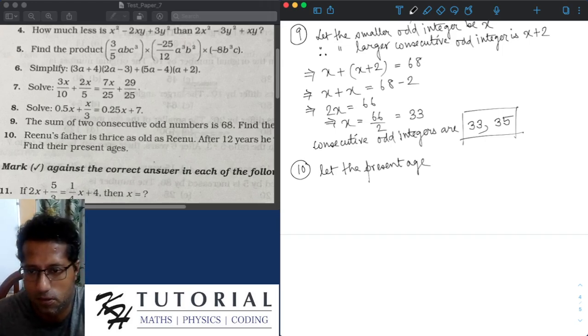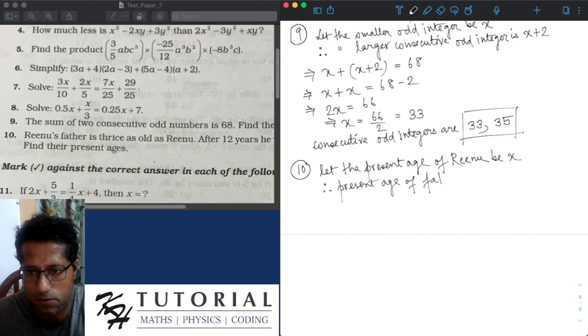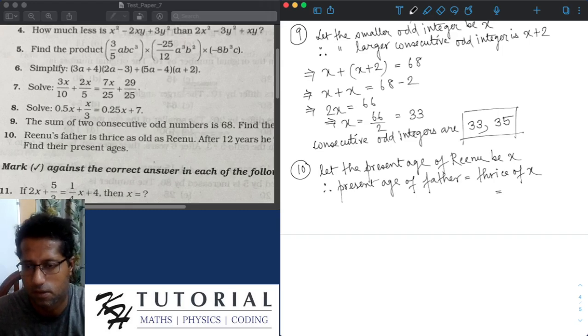So let the present age of Renu be x. Therefore, present age of father equals thrice x. X is the present age of Renu, so the present age of father is thrice the present age of Renu, that is 3x.